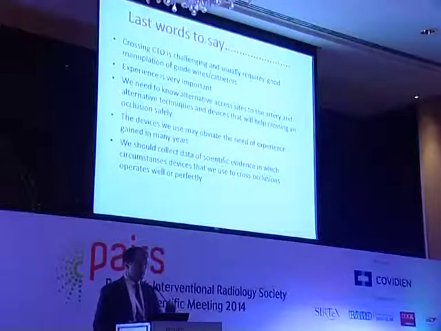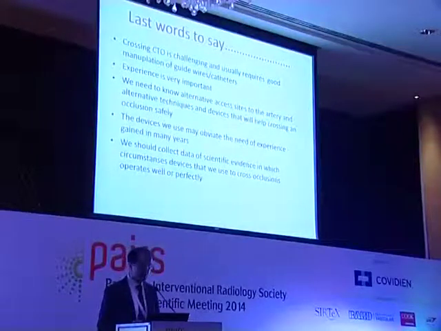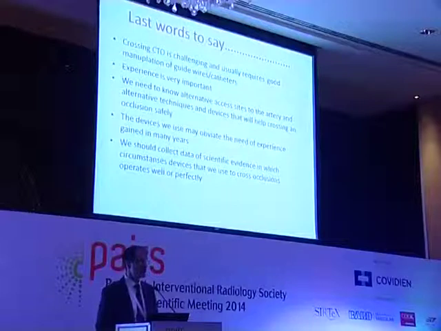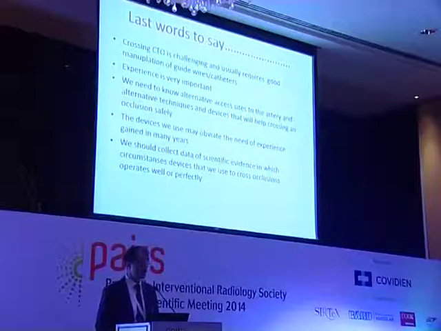Crossing a chronic total occlusion is quite challenging, especially in crural arteries, and usually requires good manipulation of guide wires or catheters, and experience is quite important. We need to know alternative things, such as alternate access sites to the artery, alternative techniques, and devices that will help crossing an occlusion safely.